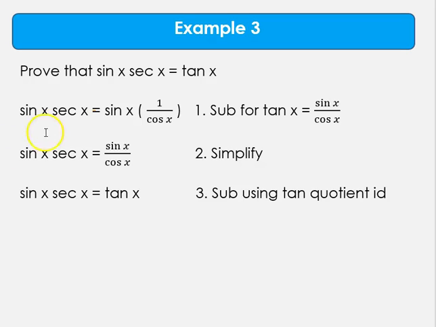Example 3 says prove that sine x times secant x equals tan x. And this is how they prove it. The actual proof is much longer, so it's really not as understandable as it could be. So they restate that. It basically is sine x secant x equals, and instead of saying tan x, they break it down to something a little more understandable.